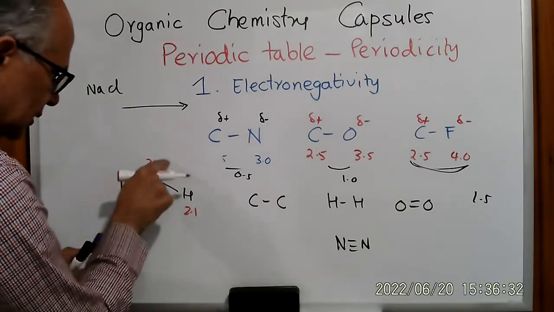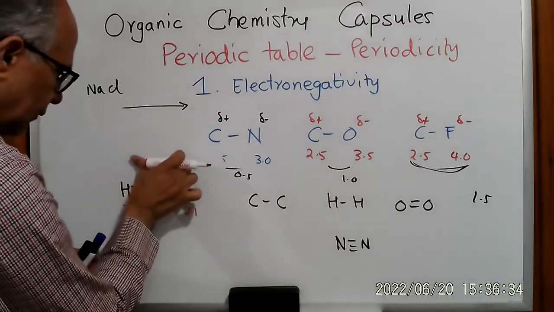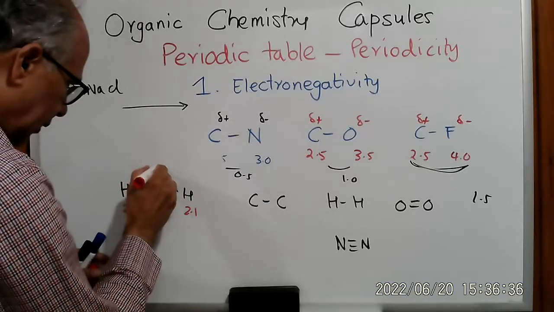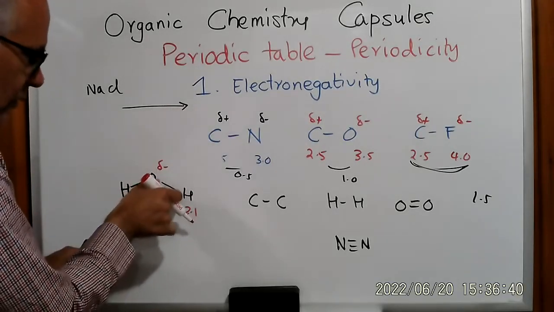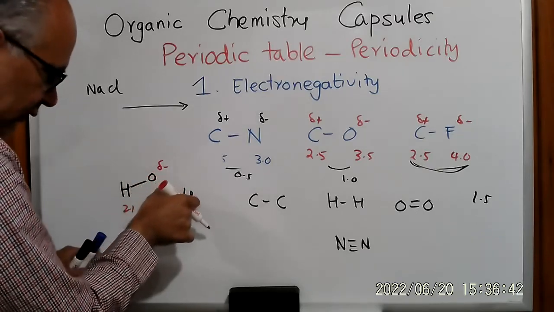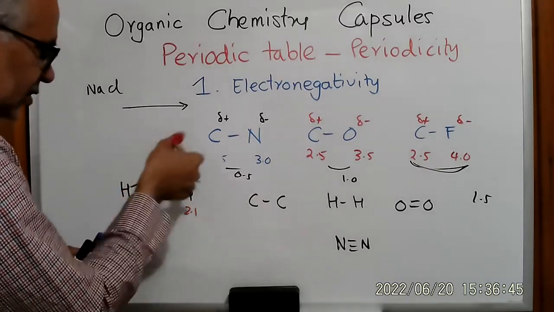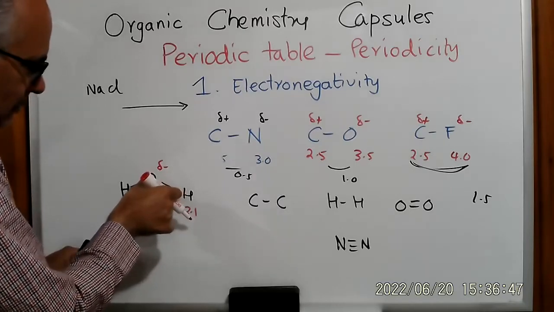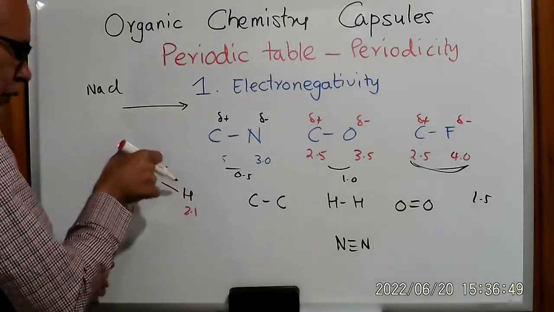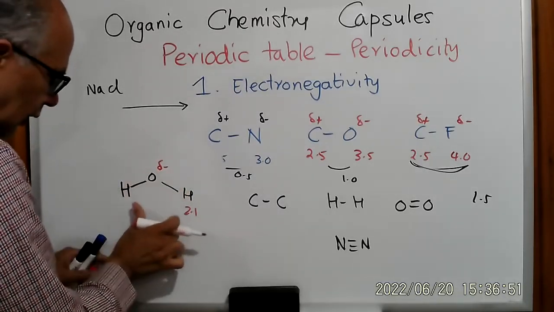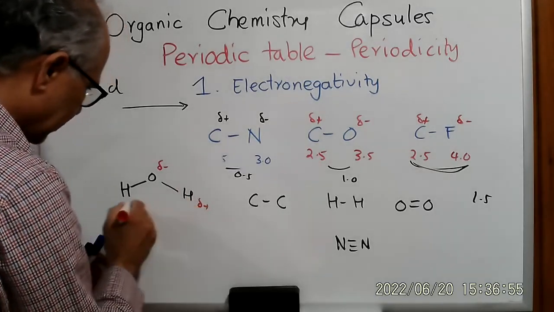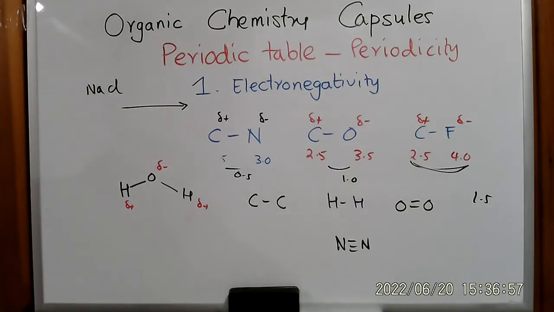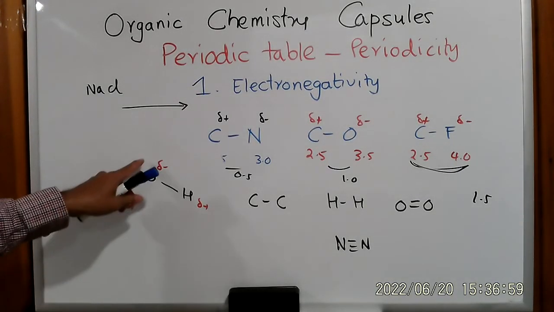Since oxygen is more electronegative, oxygen will have a delta negative charge. It will have slightly more electron density, as it's bringing in electrons to share with the hydrogen. Once that is done, the electrons are tilted towards the oxygen more, and as a result each hydrogen atom will have a delta positive charge.